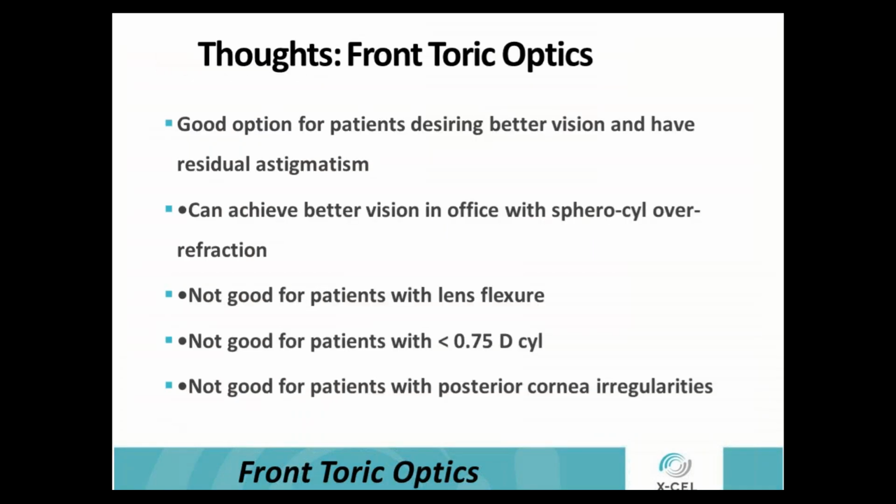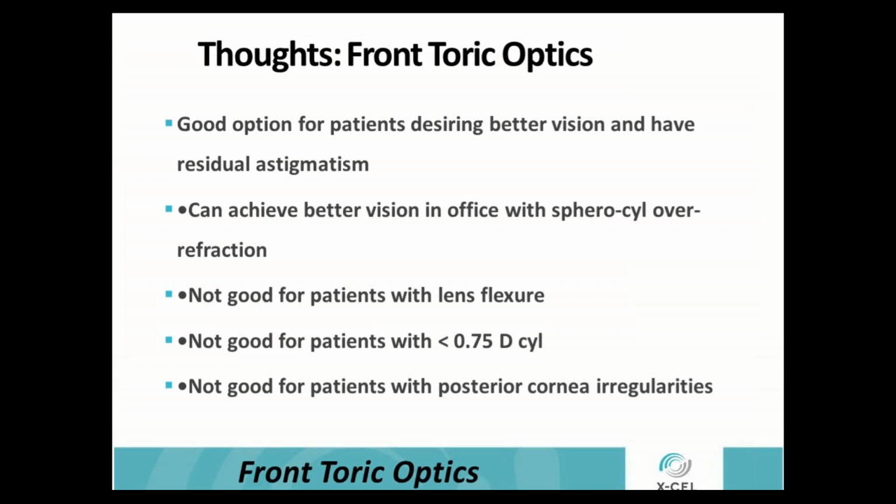So when you're going to a front surface toric, some of the things that we should be looking at: you can achieve obviously better vision. So anything above a 75 residual astigmatism, we are putting that front surface toric. We talked about lens flexure. So if we use a combination of that toric haptic and the front surface toric, you should be okay with that. All right, so it's things to think about before we go into that.